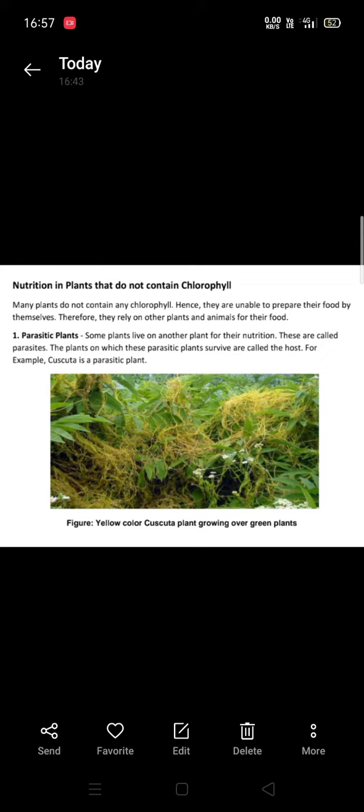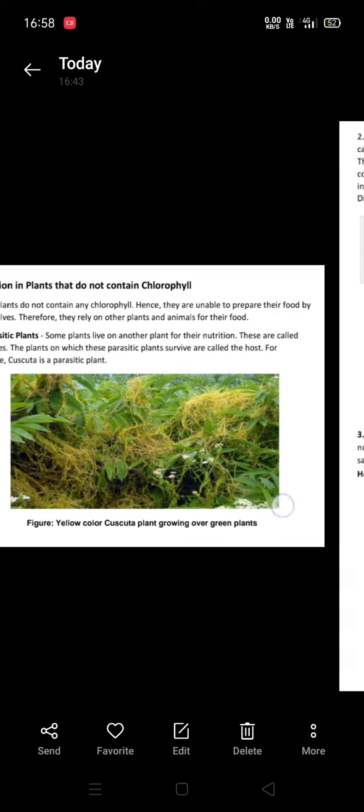Parasitic plants are non-green plants that take nutrients from other plants. The plant that gives food and shelter to the parasitic plant is called the host, and parasitic plants are sometimes also called parasites. Some examples are Cuscuta and Mistletoe.